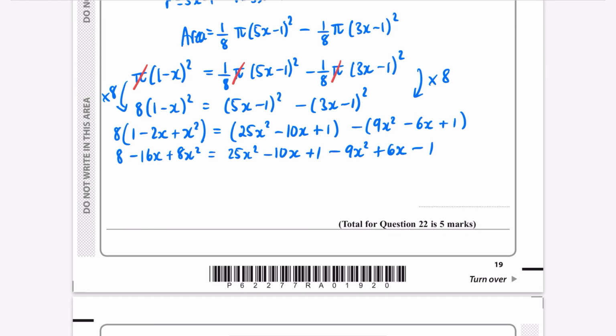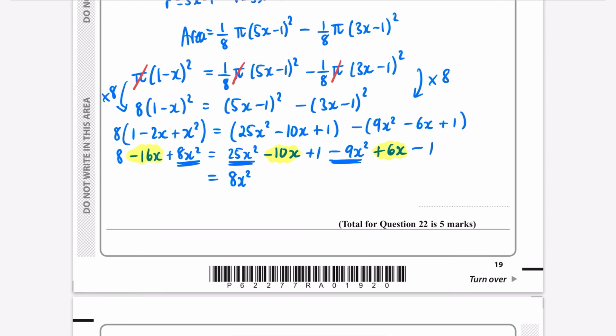So I need to do a little bit of tidying up. Okay, let's see if I can put everything all on this one side. So I've got 25x squared minus 9x squared. Well, 25 take away 9, that's 16. But I'm also going to have to take away the 8 as well. So I'm going to get 8x squared for the x squared terms. I've then got a minus 10x plus 6x, that's minus 4x.